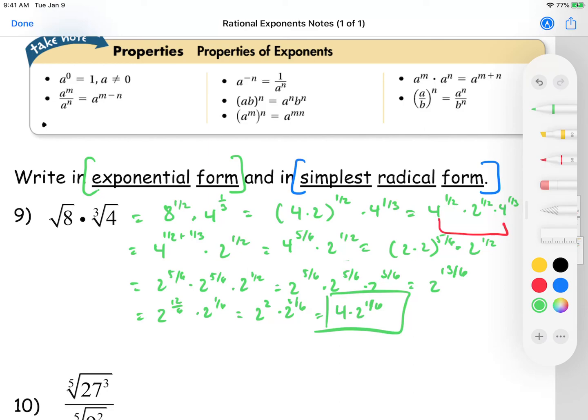Okay. And lots of these different ones are ways that we can write it in exponential form. But the reason that I did it this way is now when I want to write it in simplest radical form, I've just basically simplified it all. This is the same thing as 4 times the 6th root of 2. Okay.